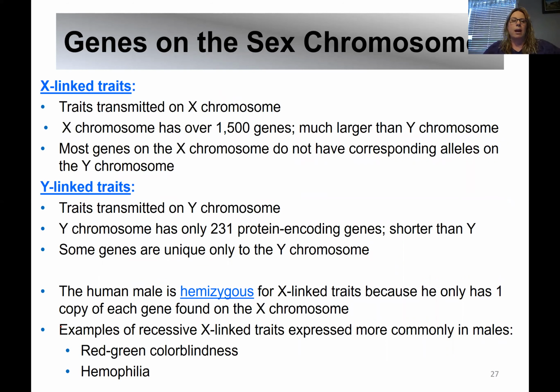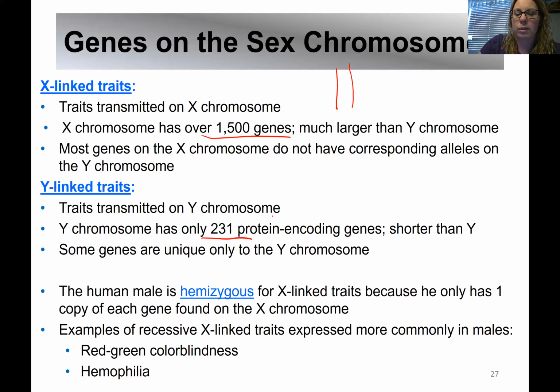Now, the X and the Y chromosomes have genes on them, just like all the other chromosomes. So some traits, some phenotypes, are linked to the X chromosome, and some can be linked to the Y chromosome. Remember when we showed that karyotype, I mentioned I could tell this one is female because it has 2 longer chromosomes. The X chromosome has over 1,500 genes, and it's very large.